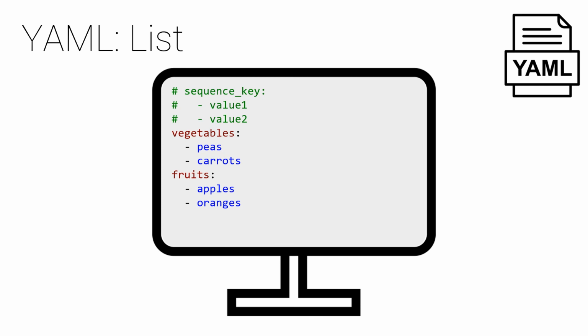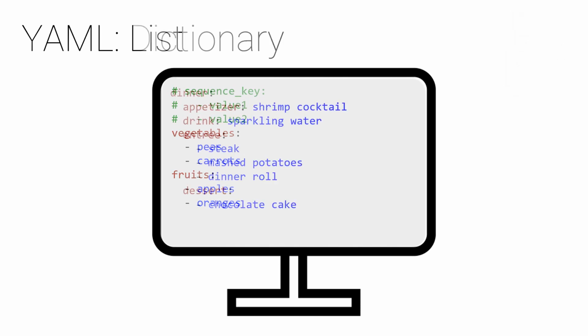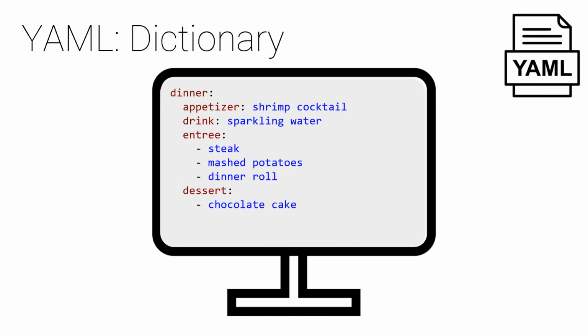In our case here, we have vegetables, peas and carrots, fruits, apples and oranges. Note for our dictionary, we have our dictionary key, and then indented 2 spaces with no leading hyphens are the key value pairs and lists embedded within our dictionary. So it could be a mix of scalars, a mix of lists, or additional dictionaries.